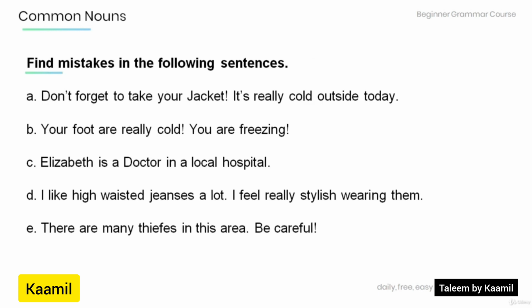Next, find mistakes in the following sentences. A. Don't forget to take your jacket. It's really cold outside today. B. Your foot are really cold. You are freezing.